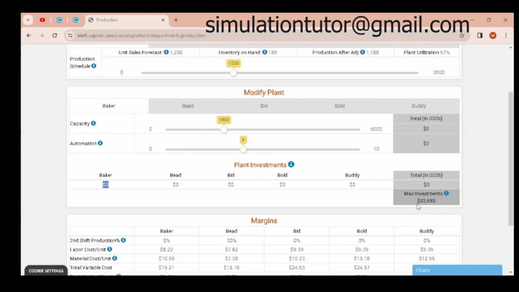And then you have the maximum investments. Now, if you want to invest in the company, maybe buying capacity for all our products, the maximum investment for this round is $32,693. So you should not invest more than that in buying capacity and automation.